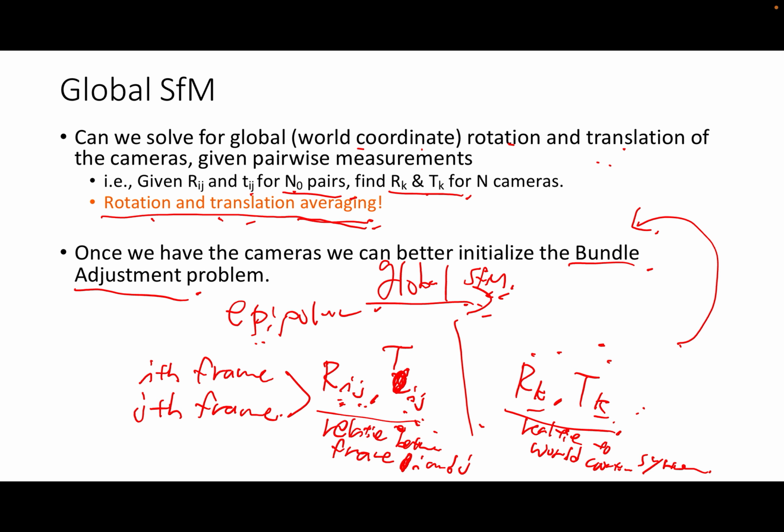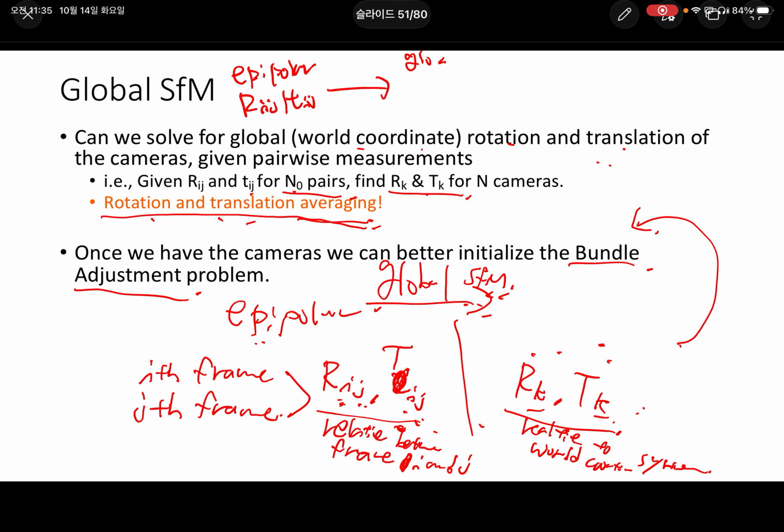So there are 3 steps, right? Sorry, it's very complicated. Epipolar geometry gives Rij, Tij. Then global SfM with rotation translation averaging gives us Rk, Tk.